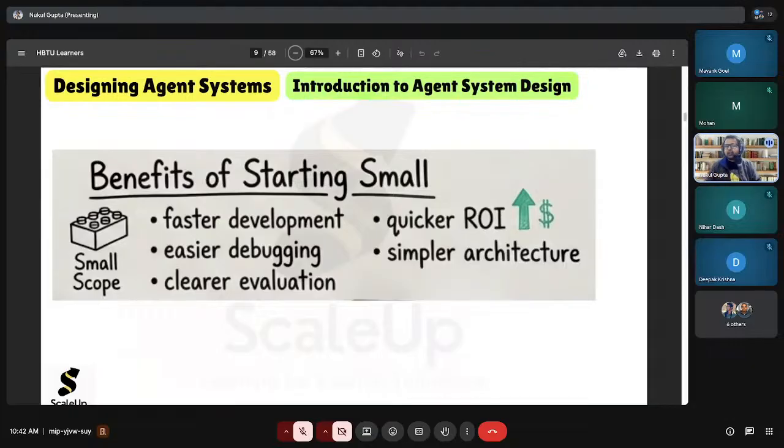So what is the benefit of starting small? If we focus on small scopes, we will achieve faster development and easier debugging. That's very important, because in an agentic AI system, debugging can be a very big challenge, because here we don't know how the AI solved the problem. We don't know the reasoning the AI did.